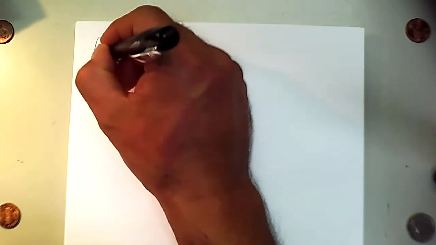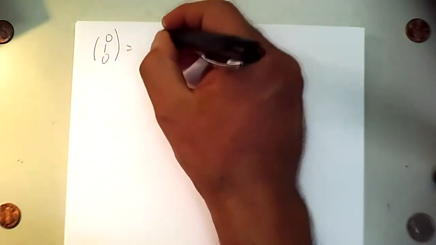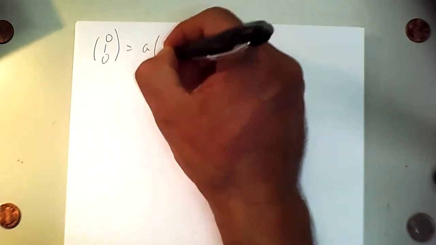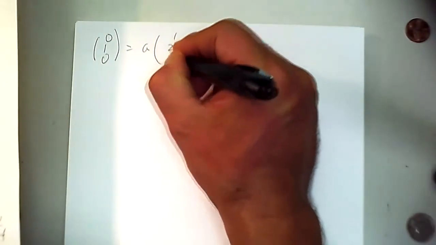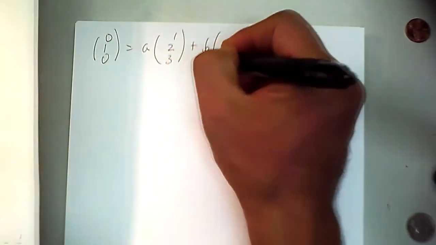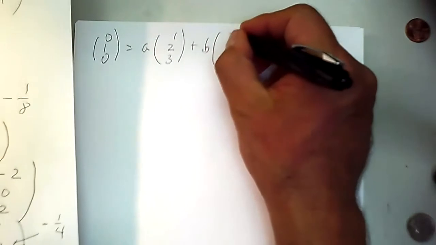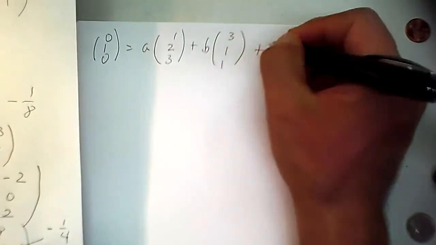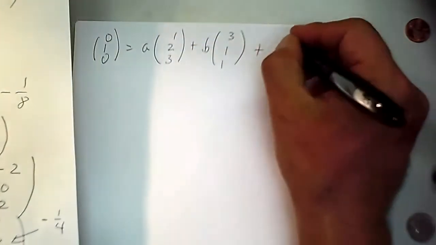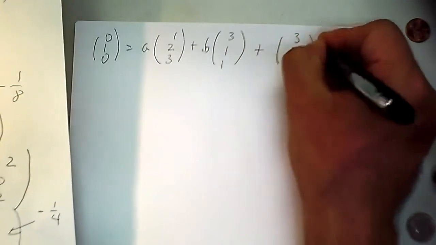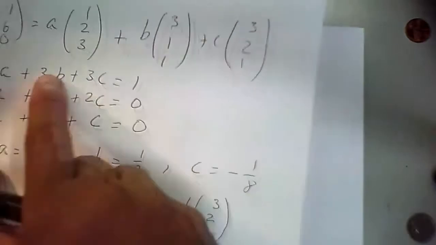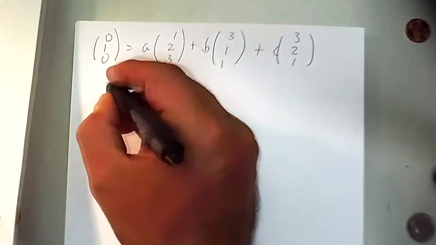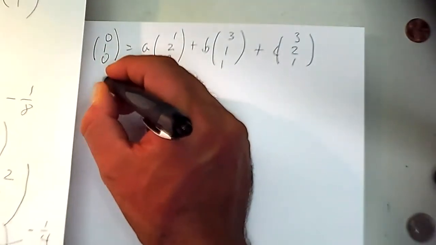So 0, 1, 0 should be a linear combination of 1, 2, 3 plus 3, 1, 1 plus 3, 2, 1. Oops, with coefficients A, B, C. That's going to lead to a system of equations, the same thing we did before.